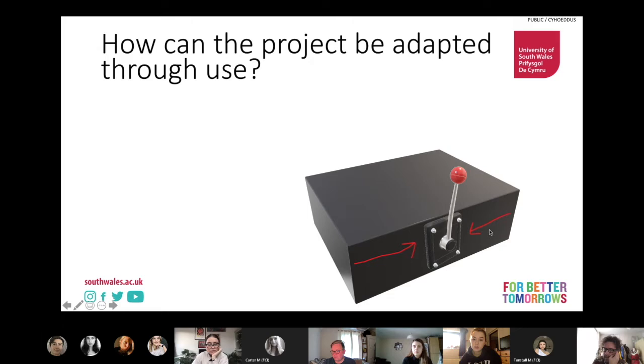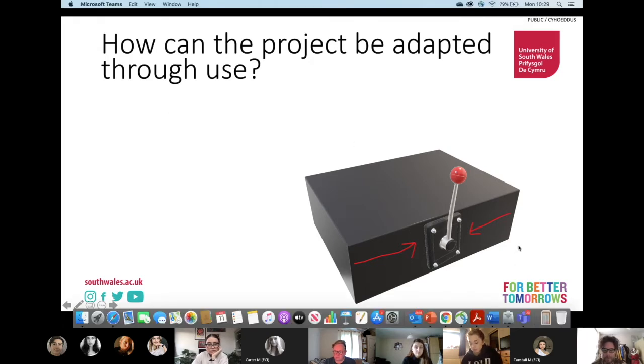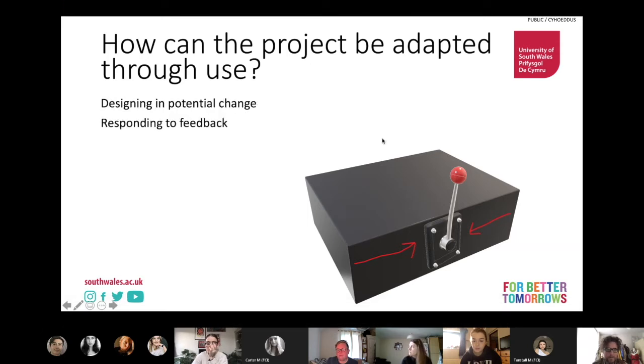So it's important for us to think about how our object or our product or our service can be adapted through use, because we might need to change it. So what we don't want is to have to go right back to the drawing board and redesign the entire thing. So that's this idea of designing in potential change. So the idea that it might have to change in response to feedback.